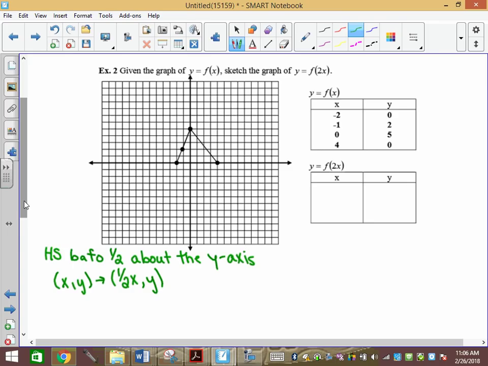So this point, -2 and 0, is going to become -1 and 0. This point, -1 and 2, is going to become -1/2 and 2.